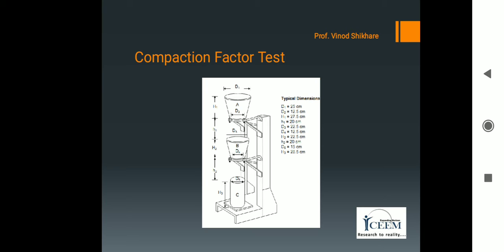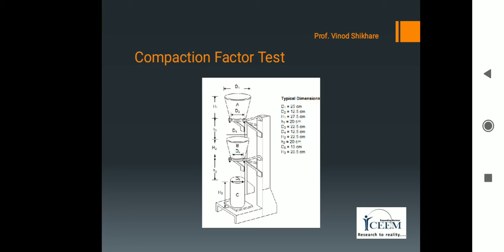The compaction factor test is more efficient and precise in determining the workability as compared to the slump cone test. This test is more suitable for concrete mixes of very low workability, which are generally compacted by vibration machines.